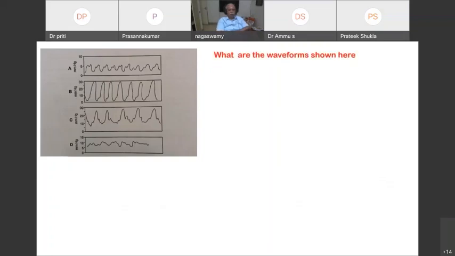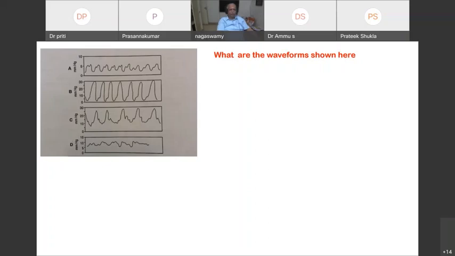What do the waveforms show here? Can you identify these waveforms? The first is the right atrium, the second is the ventricle.